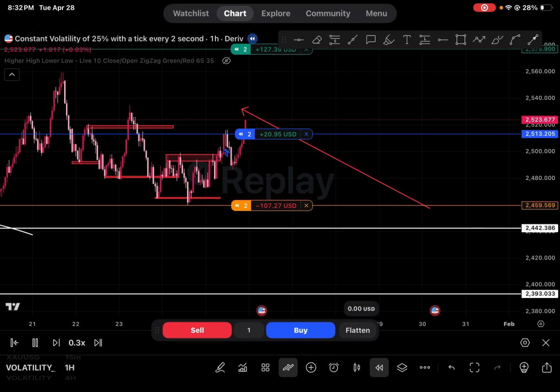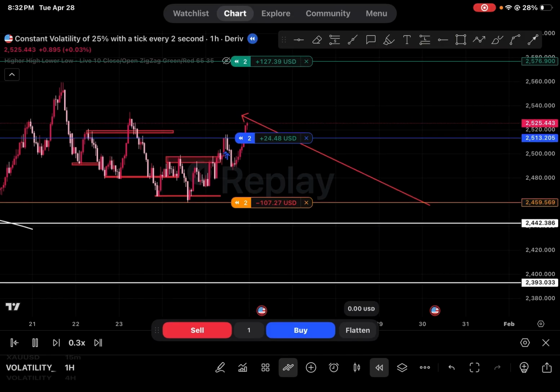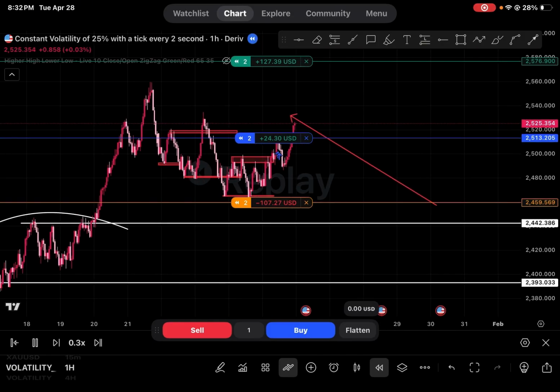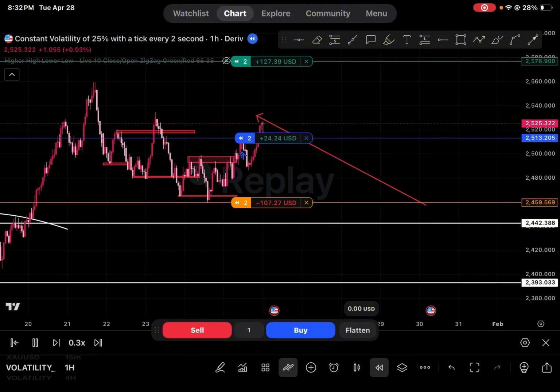Guys, I'm not gonna enter more, because with the bar replay you realize it only shows the close of the candlestick, not showing the candlestick breaking or anything. So yeah.